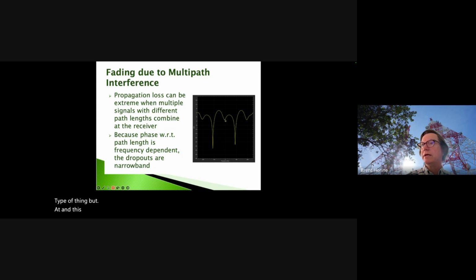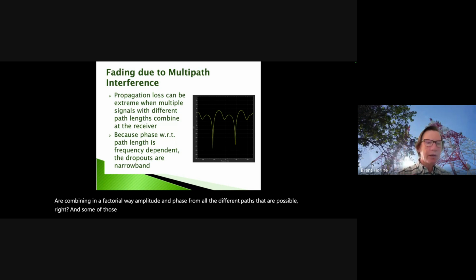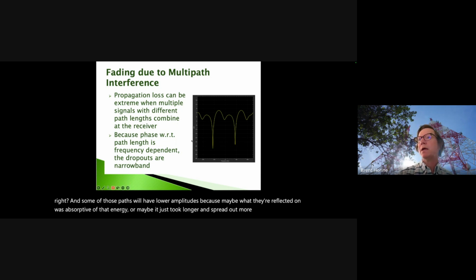This signal here, measured somewhere after the receive antenna, is going to be the superposition of the amplitudes combining in a vectorial way, amplitude and phase, from all the different paths that are possible, right? And some of those paths will have lower amplitudes because maybe what they reflected on was absorptive of that energy, or maybe it just took longer and spread out more, right? But they're combining in a nominal way.